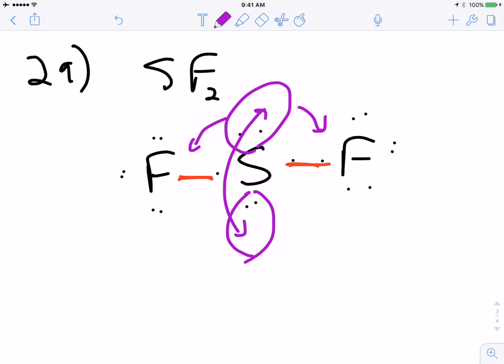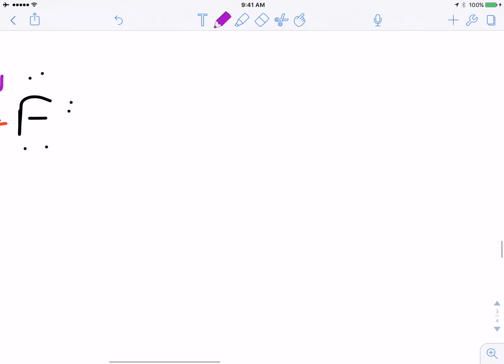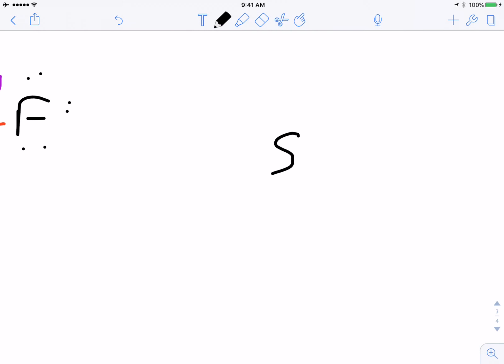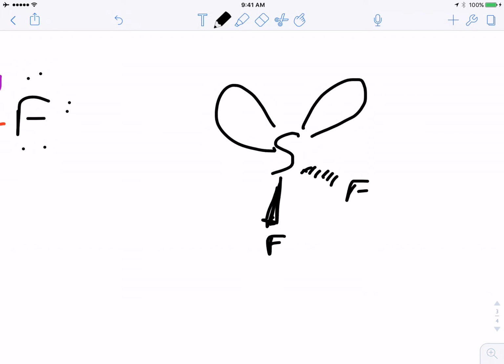And by doing that, we create a really unique structure. We'll have our sulfur in the middle. We'll have a fluorine going back out of the screen, another fluorine coming toward us in the front of the screen. That angle is pretty much set, and then we have these two electron domains out here. This is like the tetrahedral's third cousin twice removed. This is the bent structure out of tetrahedral.